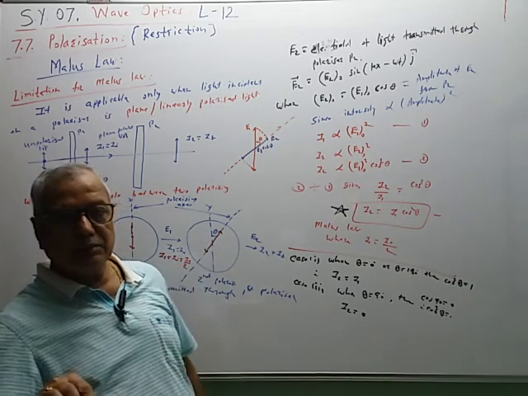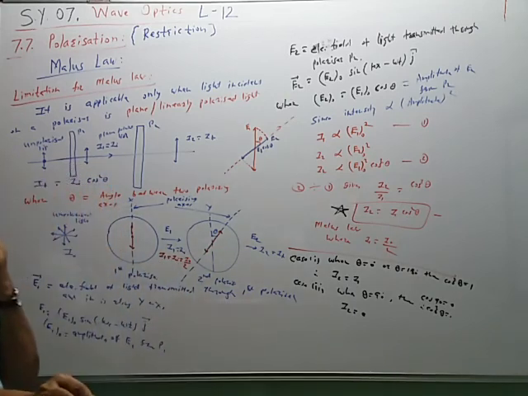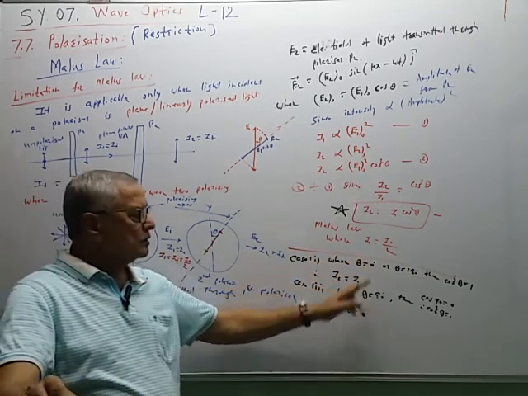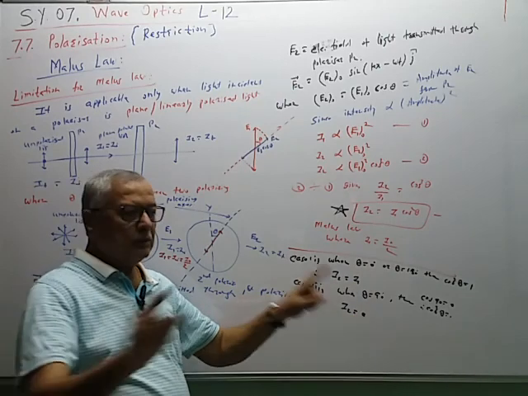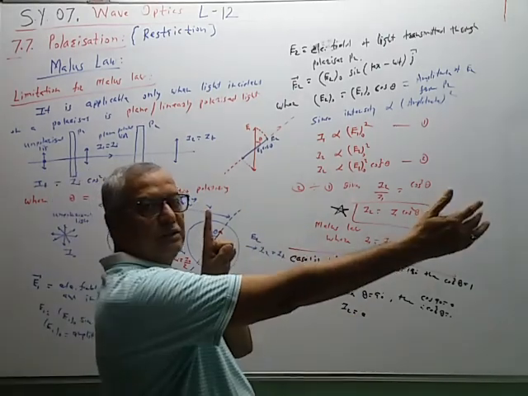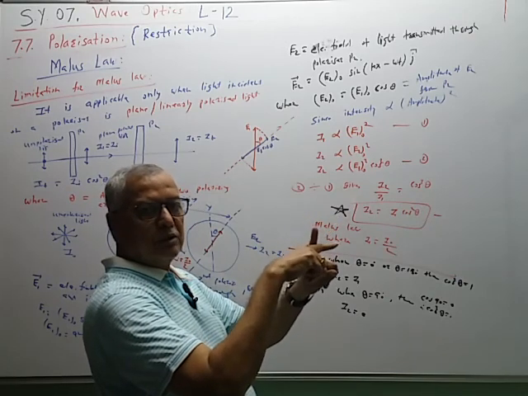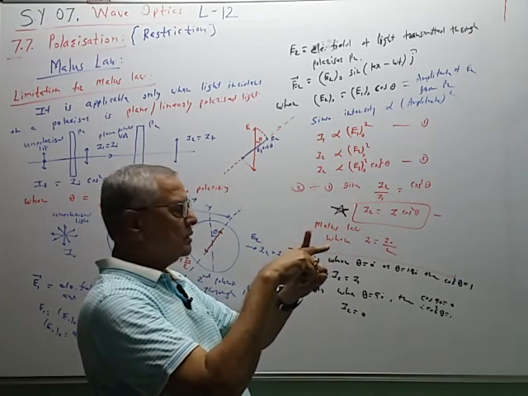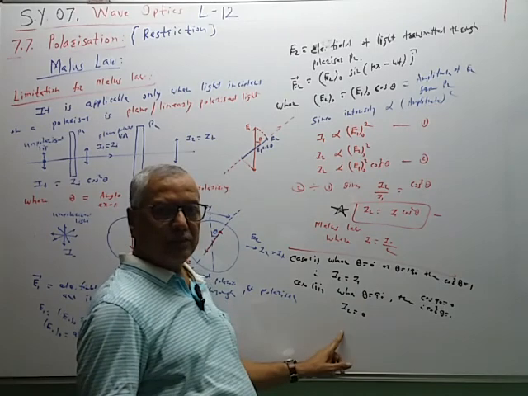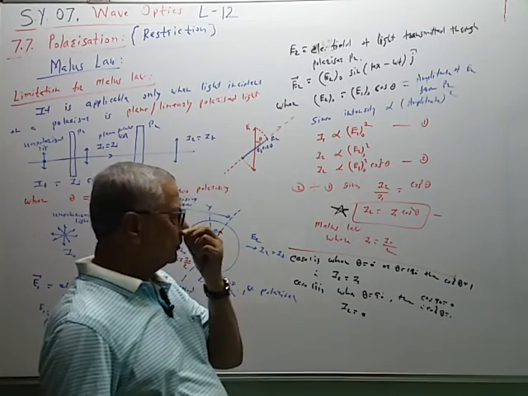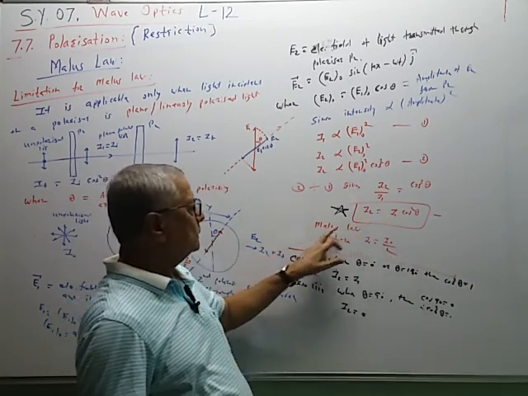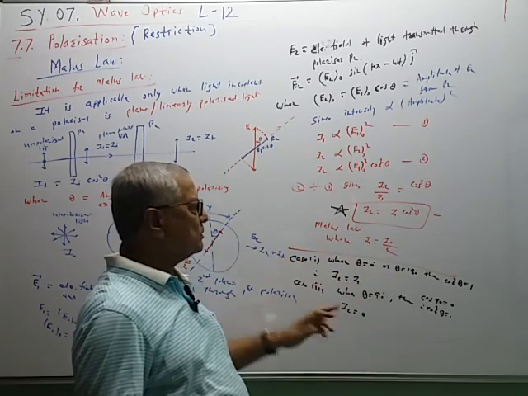In the experiment of polarizer and analyzer, we have seen the same observation. If the two axes are parallel, maximum intensity passes. If the two axes are perpendicular, no light wave emerges, I2 becomes 0. So this is Malus law, and these are the special cases.